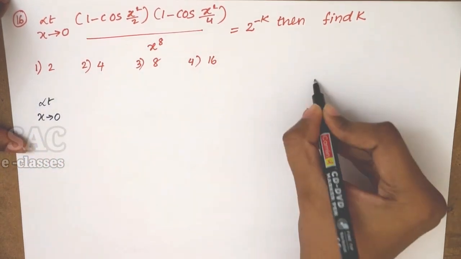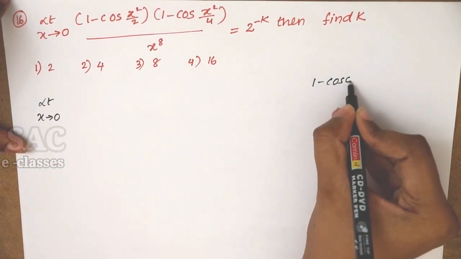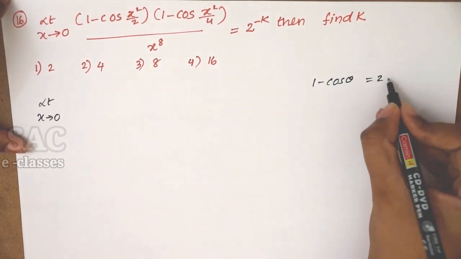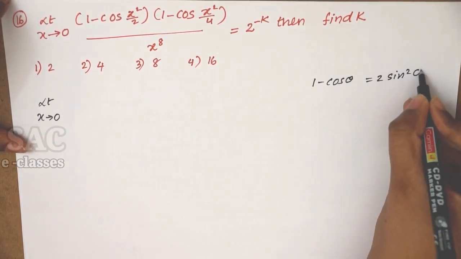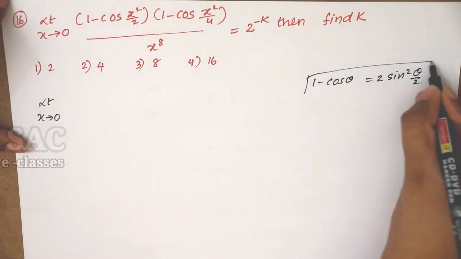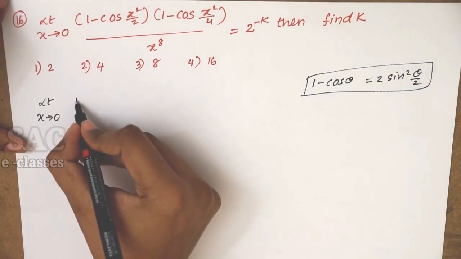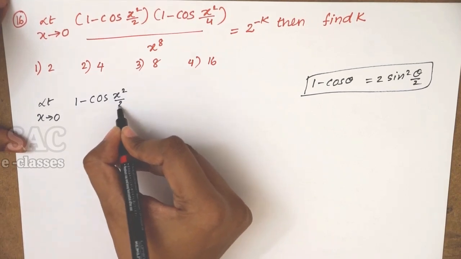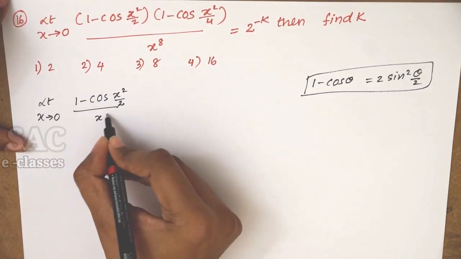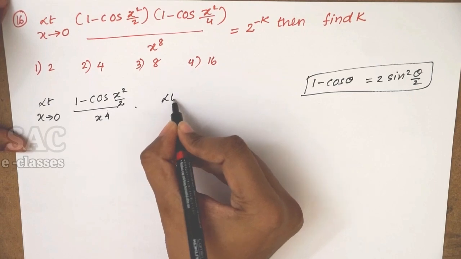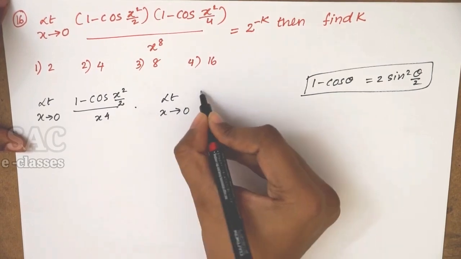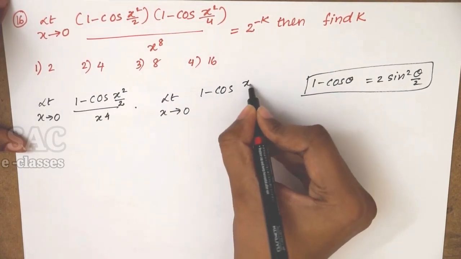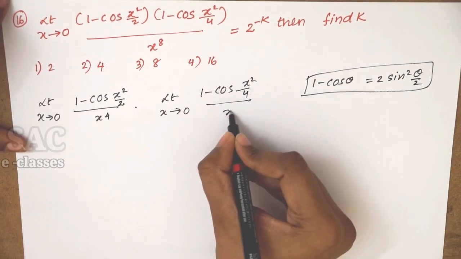As I explained, you know that 1 minus cos theta can be written as 2 sin square theta by 2. So let me use the same thing, 1 minus cos x square by 2 by x power 4. Let me split it. Limit x tends to 0, 1 minus cos x square by 4, whole by x power 4.